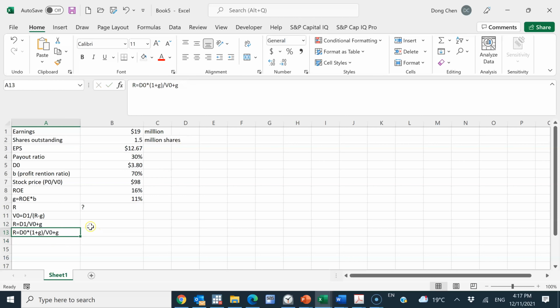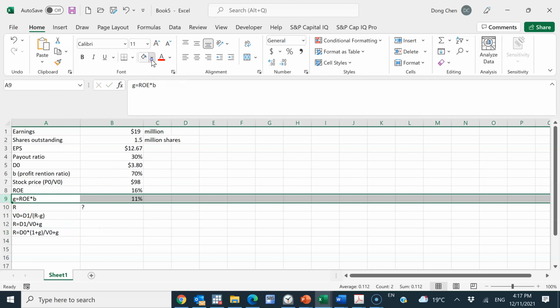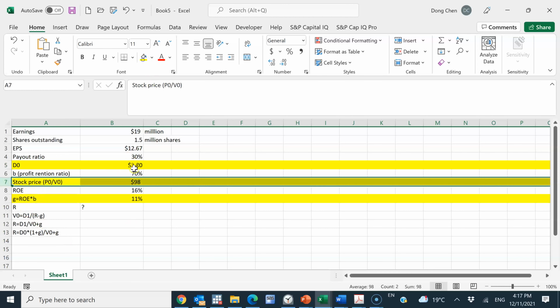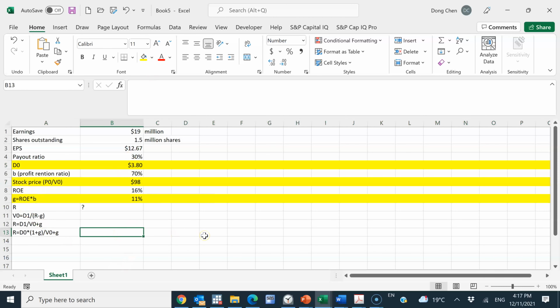So basically, all the information has either been directly given or has been calculated. So g is calculated, and D0 is also calculated, and then V0 is directly provided. So I have everything I need in order to calculate this required rate of return.